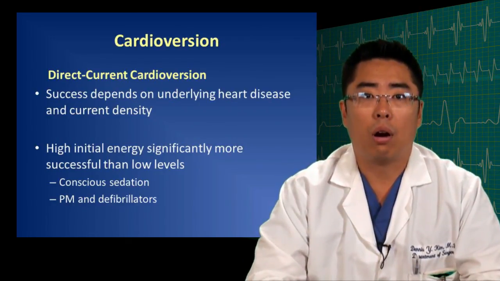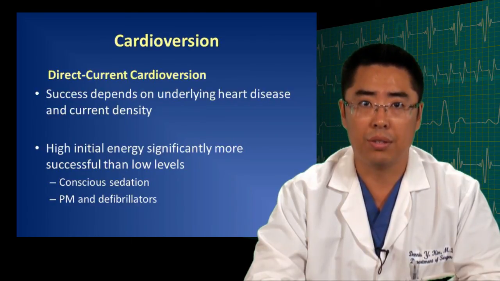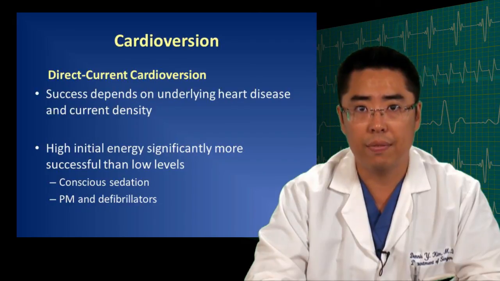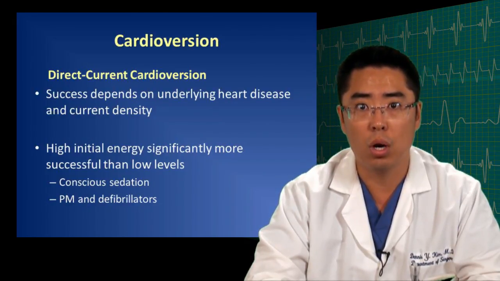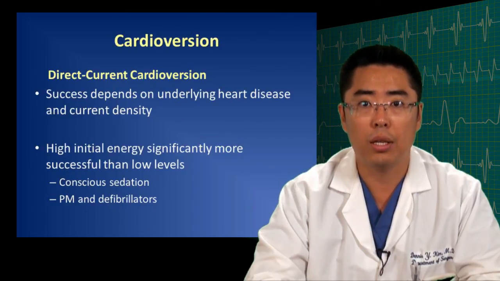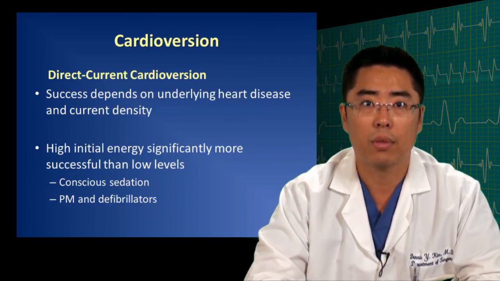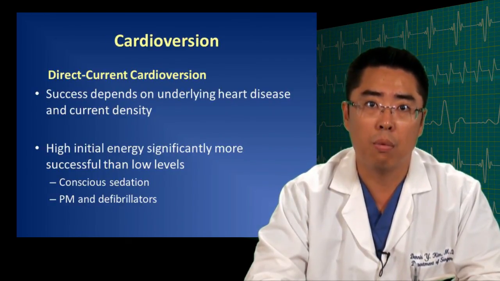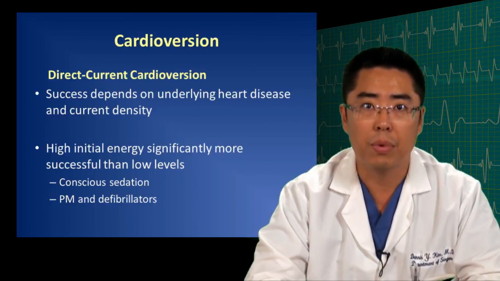Regarding direct current cardioversion, success depends both on the underlying heart disease as well as the current density employed. Studies have demonstrated that a high initial energy, specifically greater than 200 joules, is associated with statistically significant more successful rates of cardioversion than lower energies. Key caveats to bear in mind when performing direct current cardioversion is that patients must be given conscious sedation.